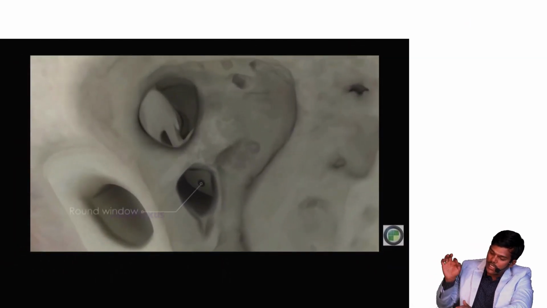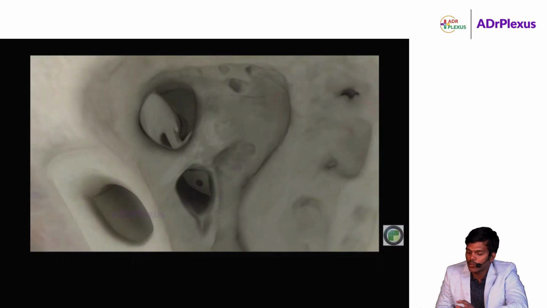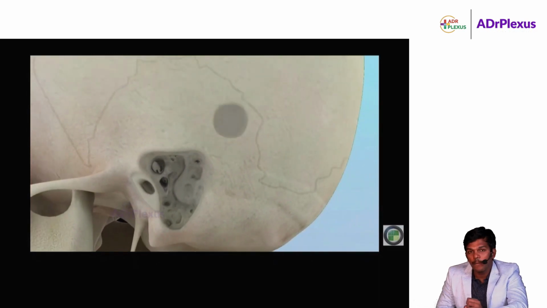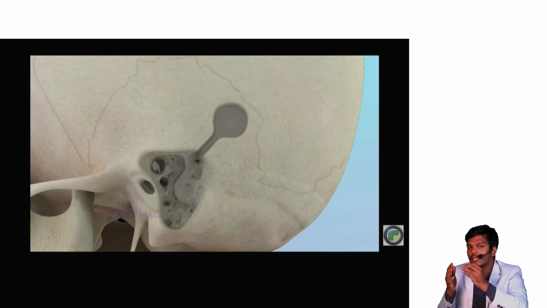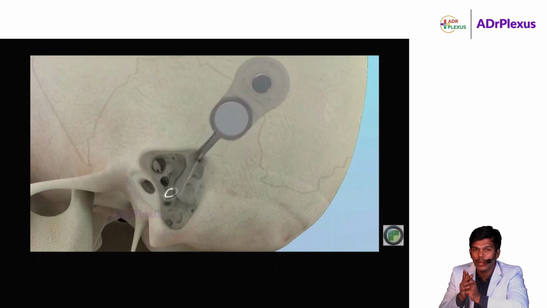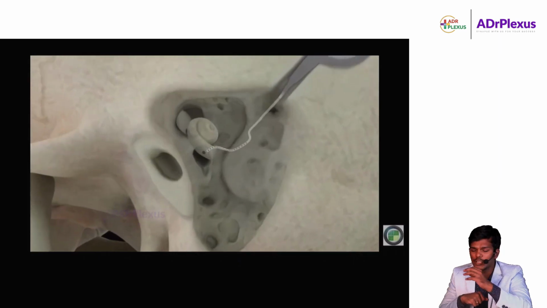So the facial recess is the area where we identify the round window. Through the round window we insert the electrodes of the cochlear implant. That helps you understand the important clinical aspect of the facial recess: facial nerve, chorda tympani nerve, and superiorly the fossa incudis holding the short process of the incus.